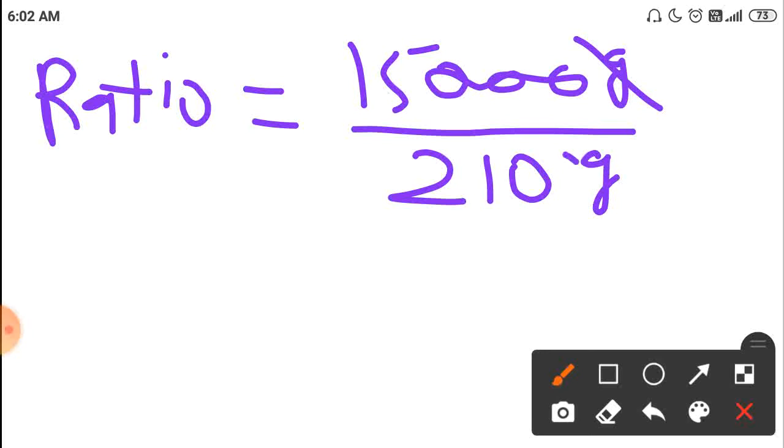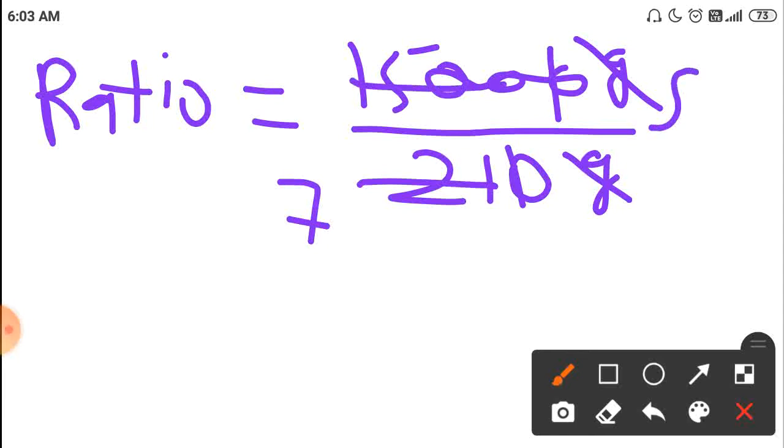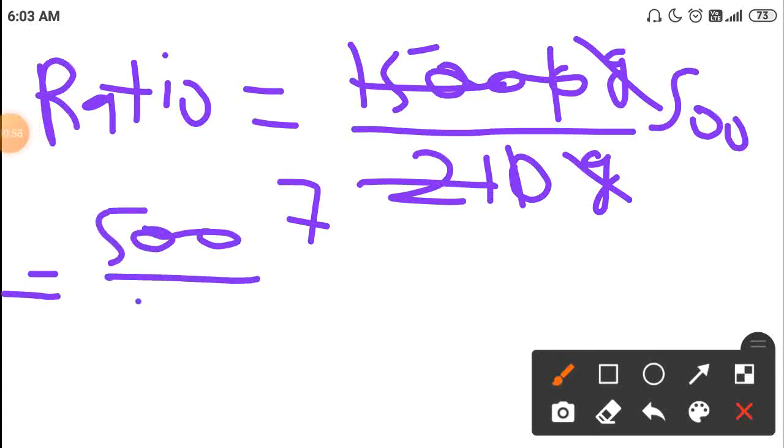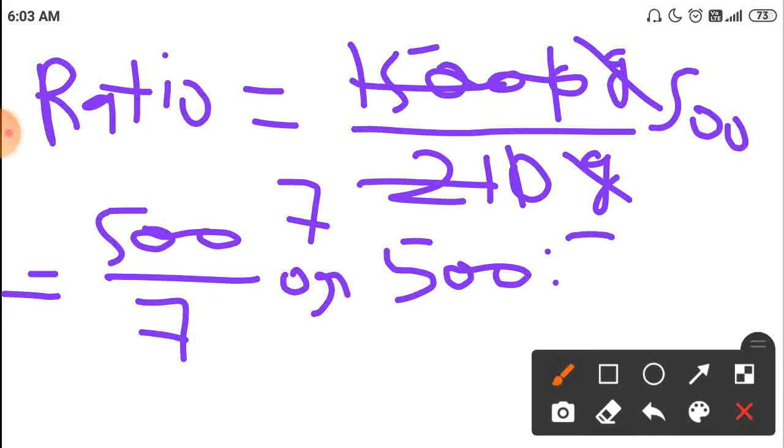Now g is cancelled with g, one 0 is cancelled with one 0. Now 3 sevens are 21 and 3 fives are 15. So it is equal to 500 upon 7, or we can say it is 500 ratio 7. This is the answer for our part B.